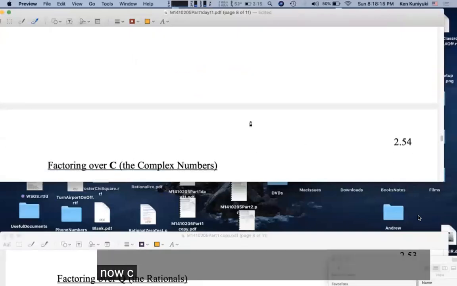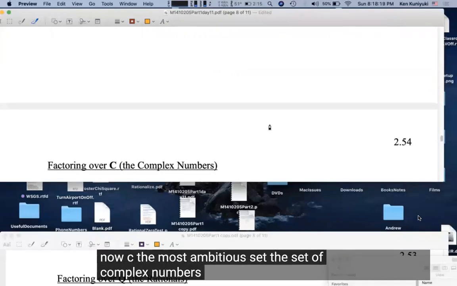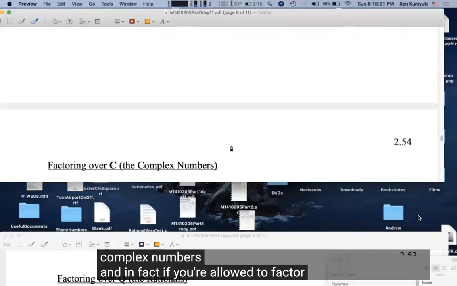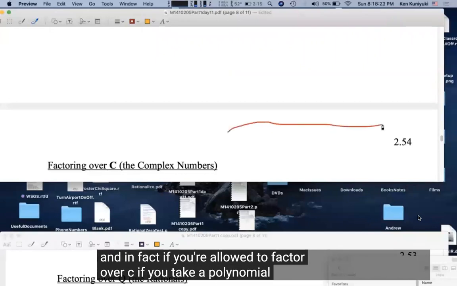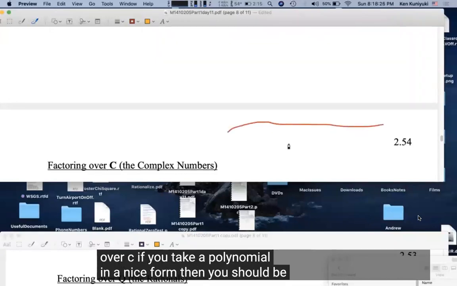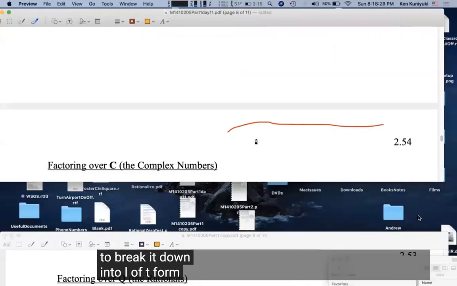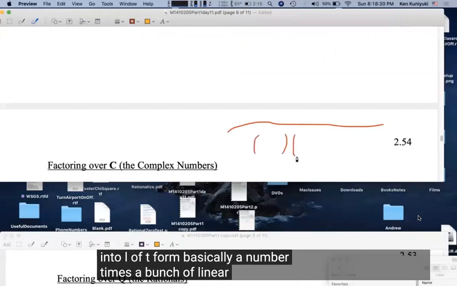Now, C, the most ambitious set, the set of complex numbers. And in fact, if you're allowed to factor over C, if you take a polynomial in a nice form, then you should be able to break it down into linear factored form, basically a number times a bunch of linear factors.